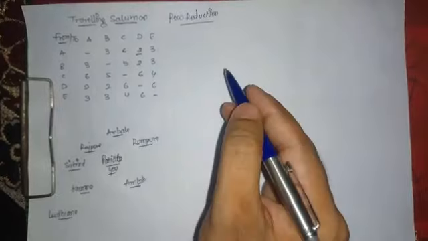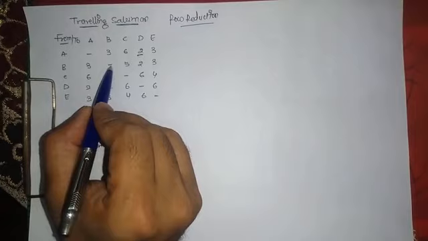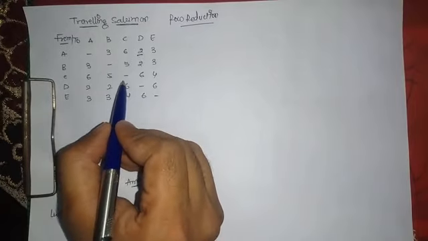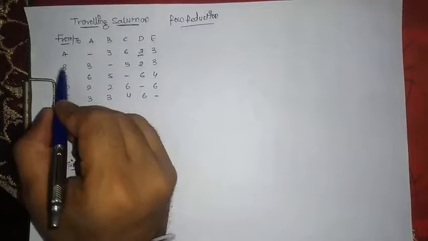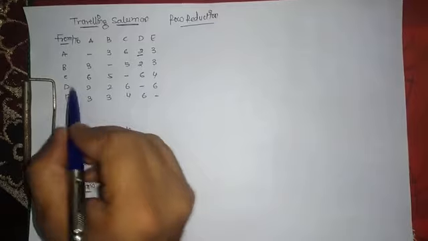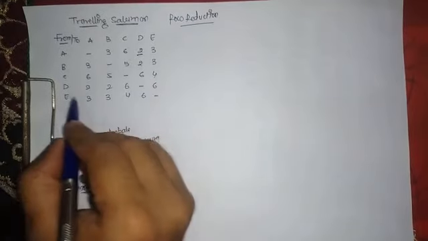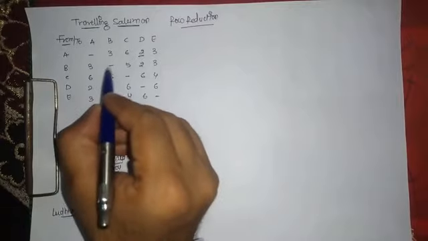And one more thing I had forgotten to tell you: these hyphens or dashes indicate that A cannot visit A, B cannot visit B, C cannot visit C, D cannot visit D, E cannot visit E. It means no assignment can be done here.